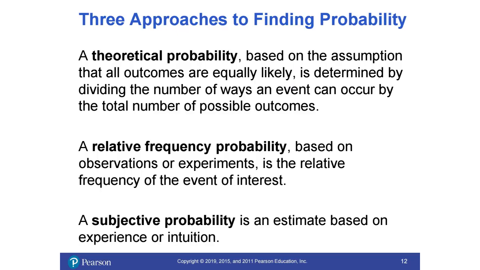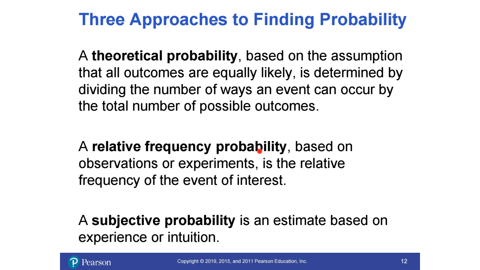And so now I can tell you about the third approach to probability, and it is subjective probability. And that's basically an educated guess. This is probability that is an estimate that's based on experience or intuition. So our three different types are theoretical probability, based on the assumption that all outcomes are equally likely, and we divide the number of ways an event can happen by the number of possible outcomes.